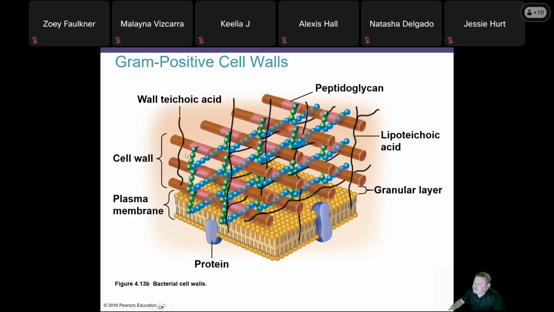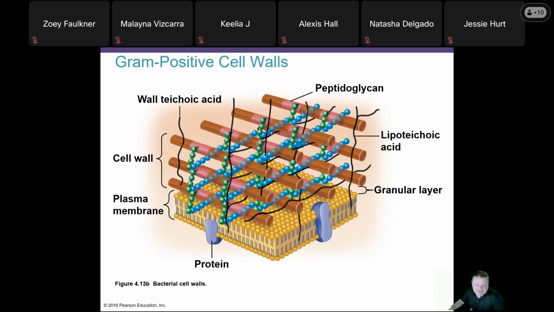Right, so if we look at our peptidoglycan, and we look at a gram-positive cell wall. Notice this is a fairly thick layer of peptidoglycan. Again, it's cross-linked here. And then we have these teichoic acids that kind of help bind all of this together. Now, these can be picked up by the immune system as well. So our immune cells can look at this, and it's antigenic, which means we're going to produce antibodies towards it.